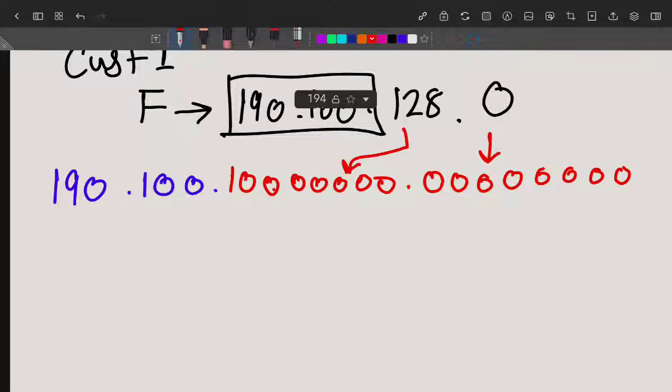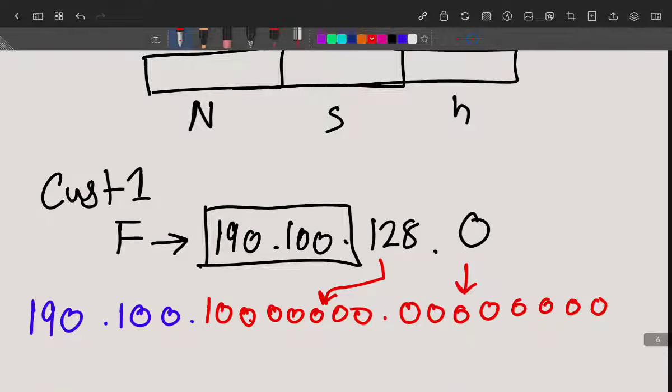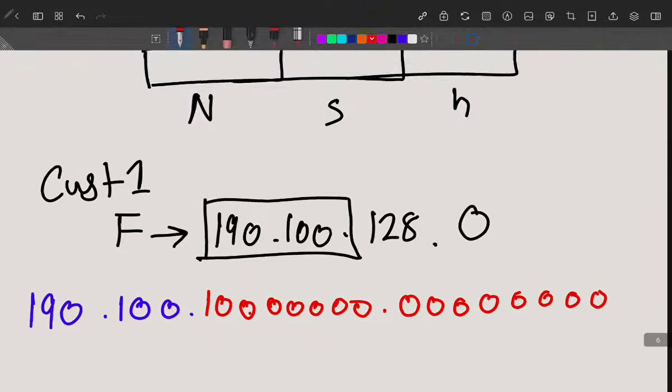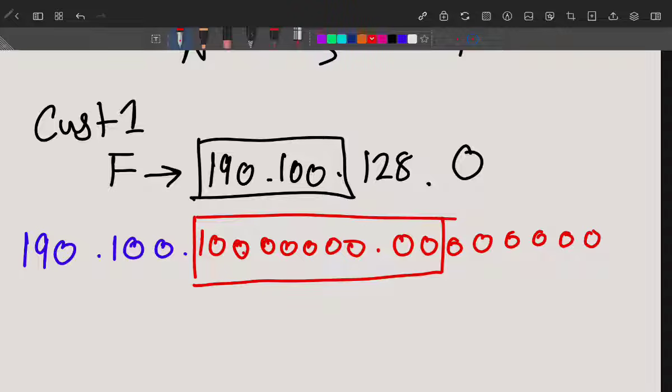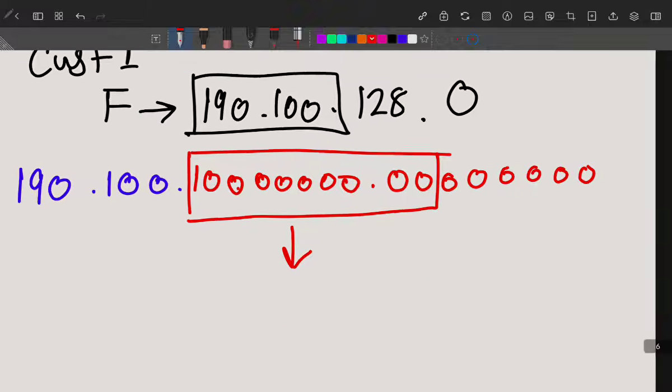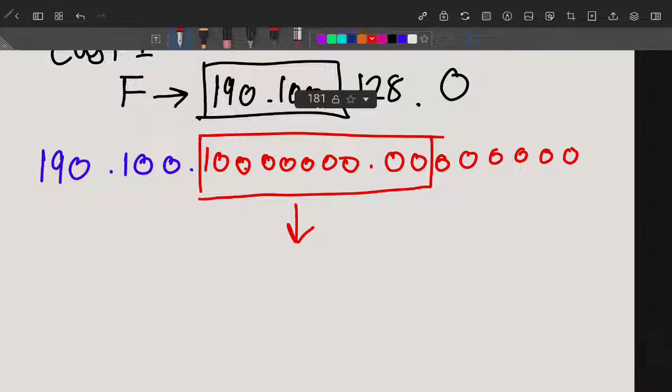So 10 bits for the subnet bits identifier. These are the 10 bits. Convert these bits to decimal to identify your starting point, so you can do 2 to the power of 0, 2 to the power of 1, 2 to the power of 2, 2 to the power of 3.